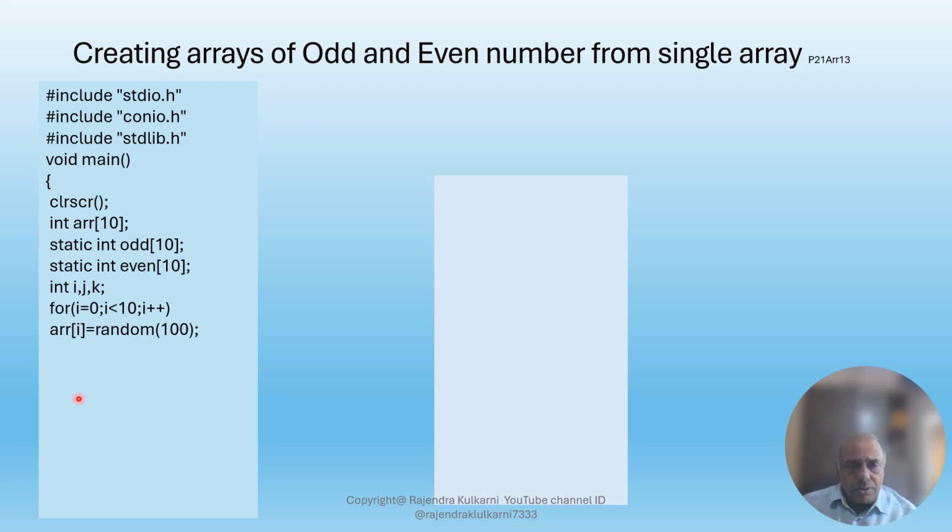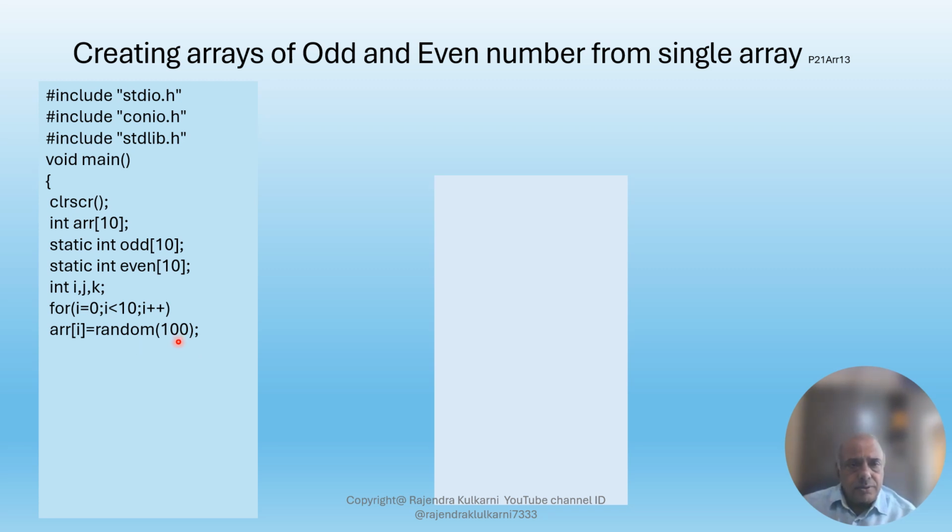Now in this for loop, arr[i] is being assigned a number created by the function rand() with 100 in the brackets. It is a library function defined in the stdlib.h file.